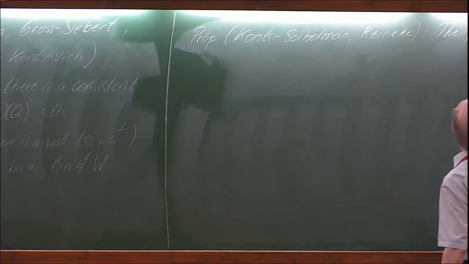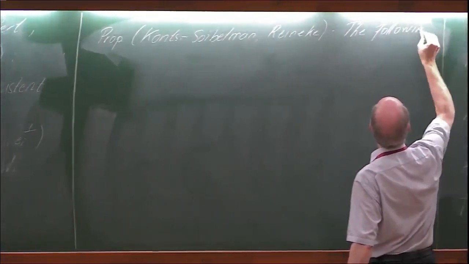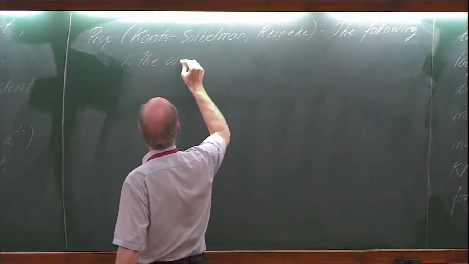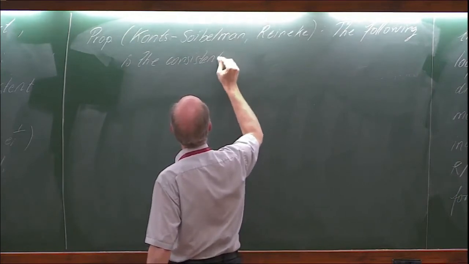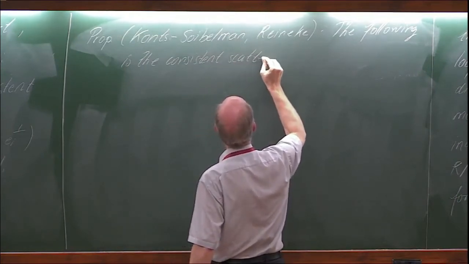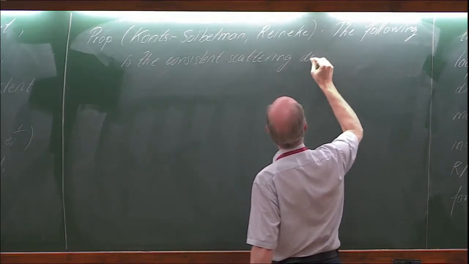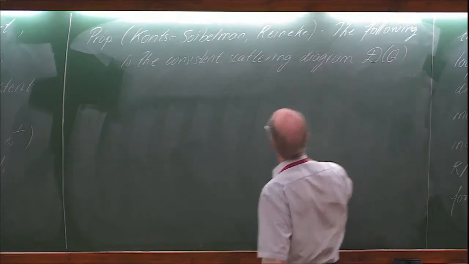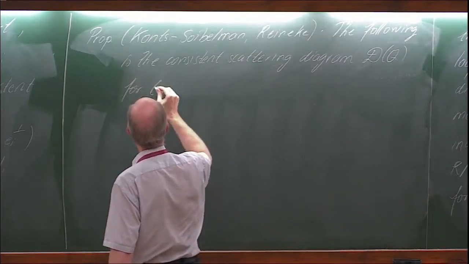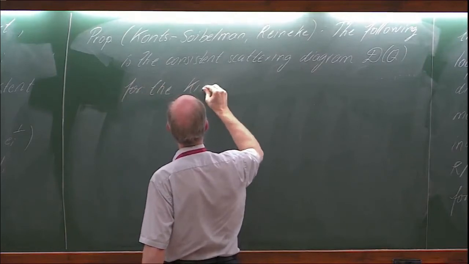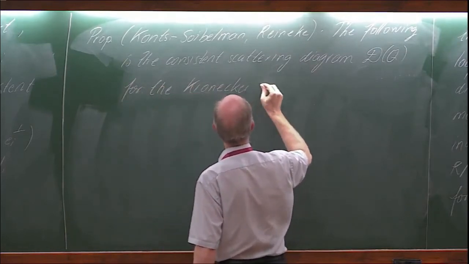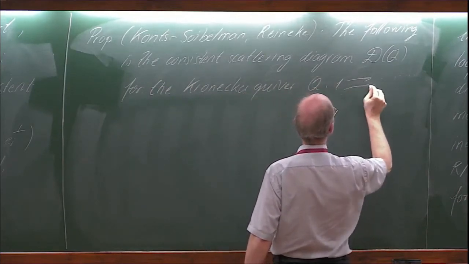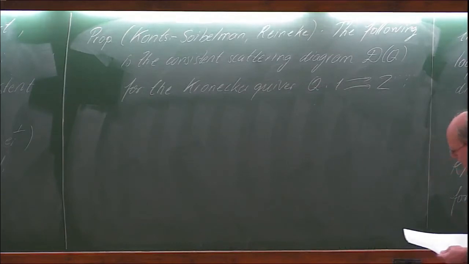The following is the consistent scattering diagram for the Kronecker quiver.